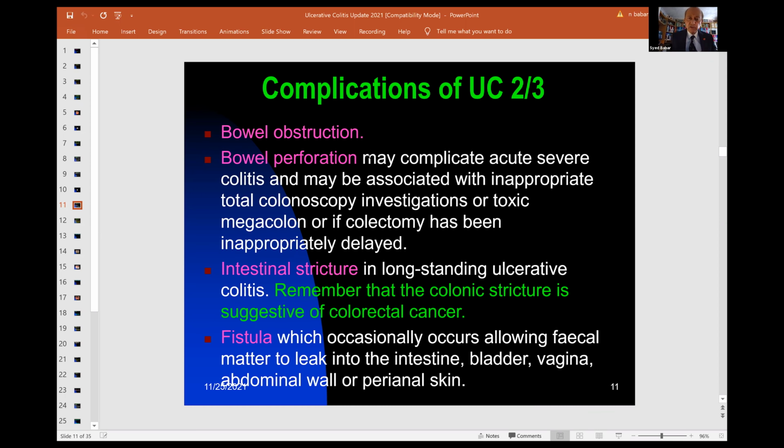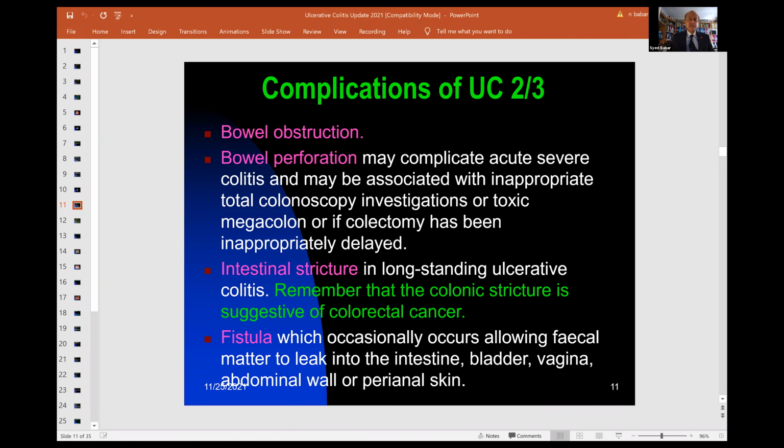It causes perforation more often than obstruction, and this occurs with total colitis, pancolitis, and when investigations are undertaken, or when colectomy, which should have been done timely, has been delayed, leading to perforation and serious complications.